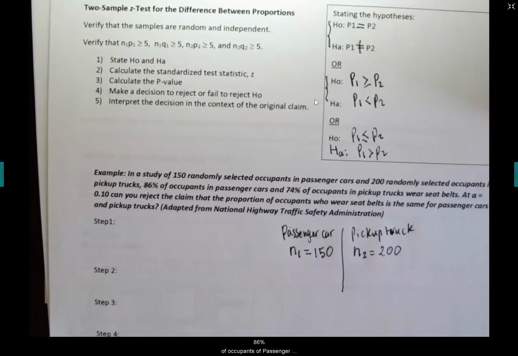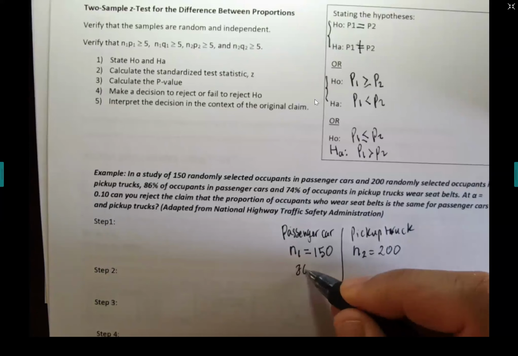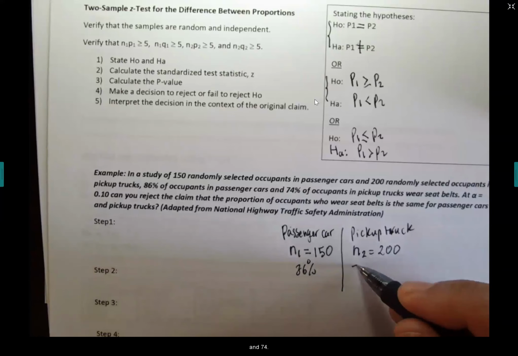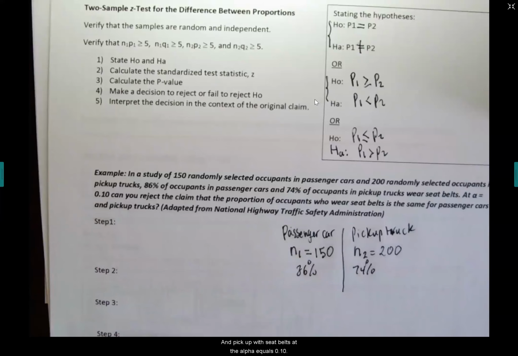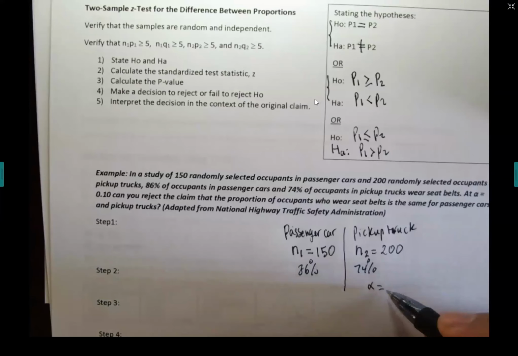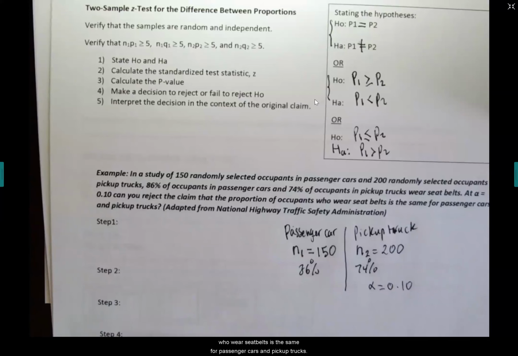86% of occupants of passenger cars and 74% of occupants in pickup trucks wear seat belts. So this is an 86%, and I want someone to tell me what this one is, and 74% in pickup wear seat belts. At alpha equals 0.10, can you reject the claim that the proportion of occupants who wear seat belts is the same for passenger cars and pickup trucks?